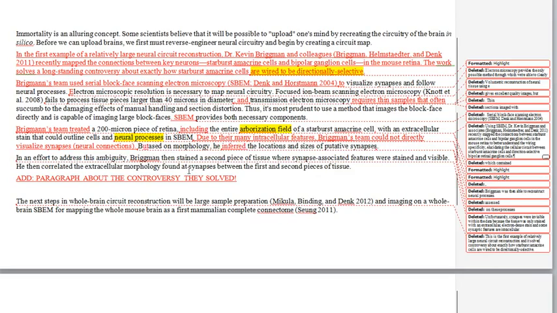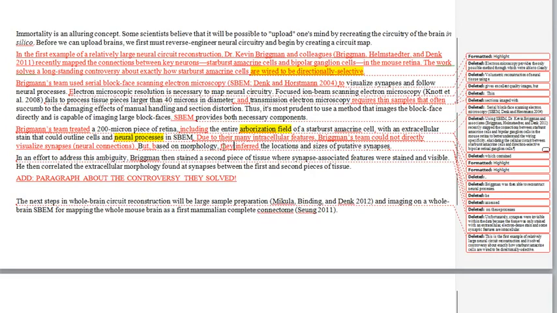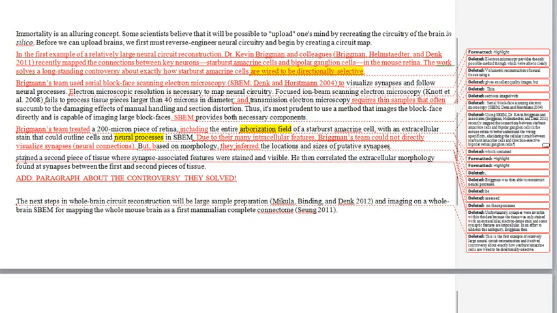I'm going to add the word but here. But, so they can't directly visualize them, so they're going to infer them. But based on morphology, he inferred the locations and sizes of putative synapses. I'm actually going to change that to they, because it's not one person that was working on this study, it was a team. So let's keep it to team and they. They inferred the location and sizes of the putative synapses. And then I'm going to just wrap this around and again include it in this paragraph here.